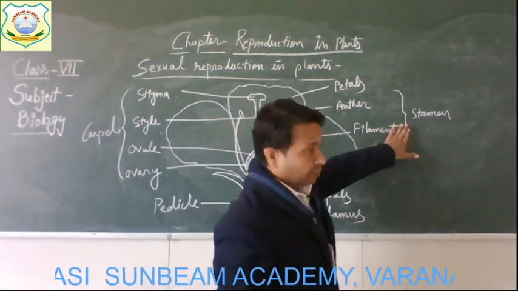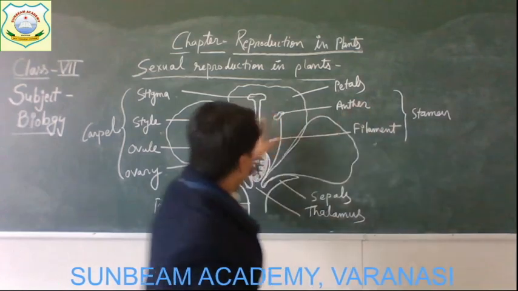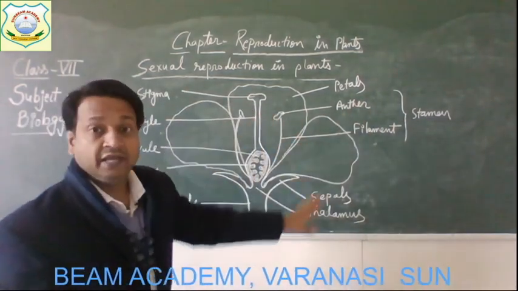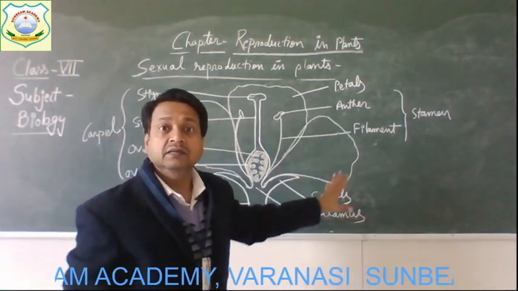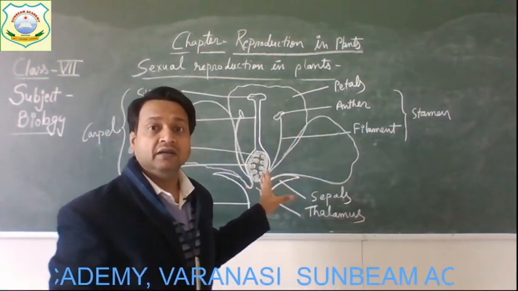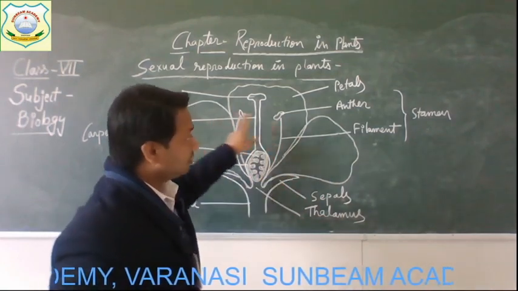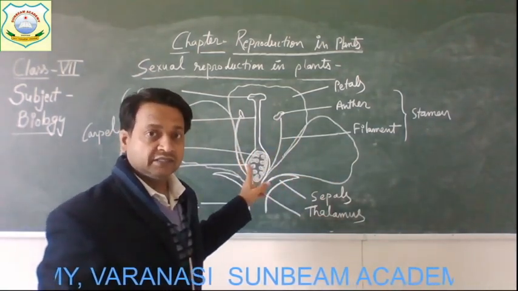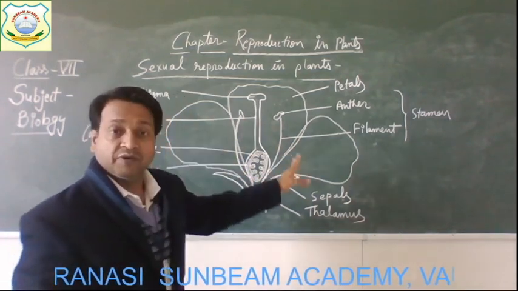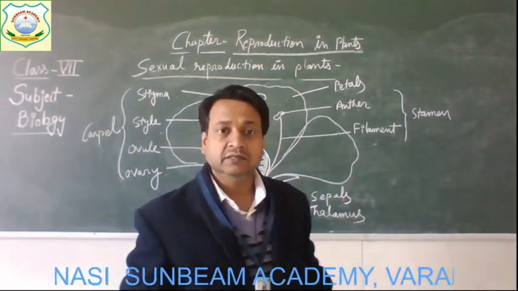So this one is the male reproductive part and this one is the female reproductive part. This is why this flower is a bisexual or complete flower, because it has both reproductive parts. So these are all the different parts of a flower.